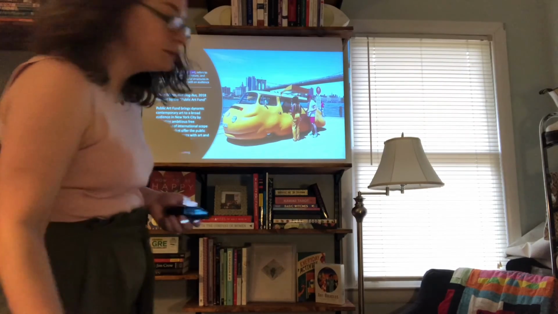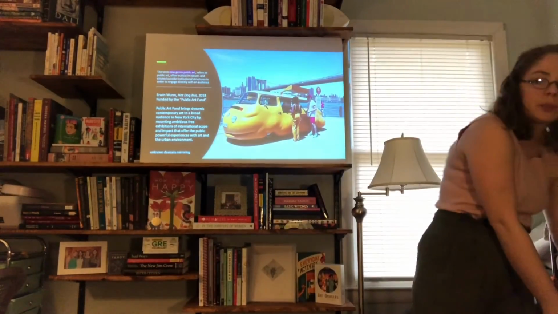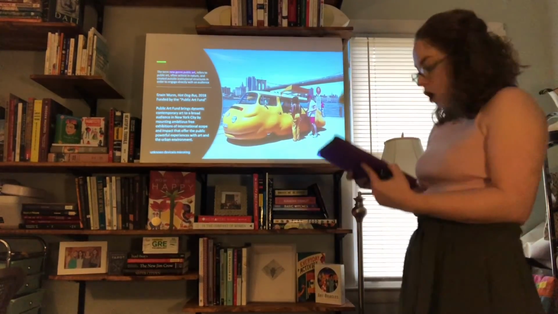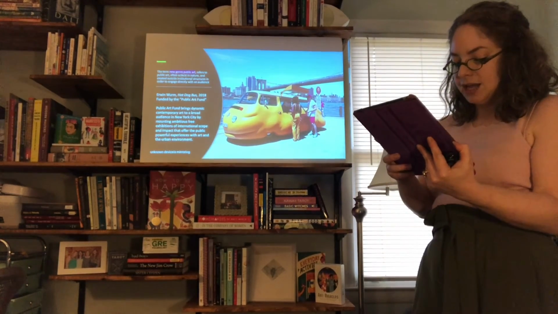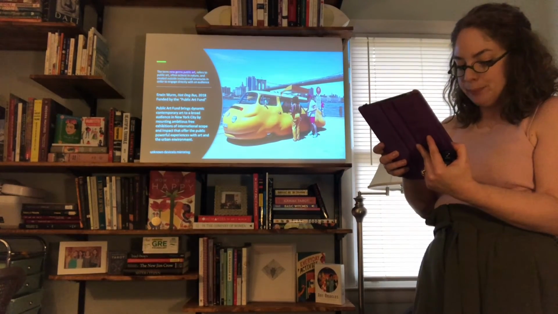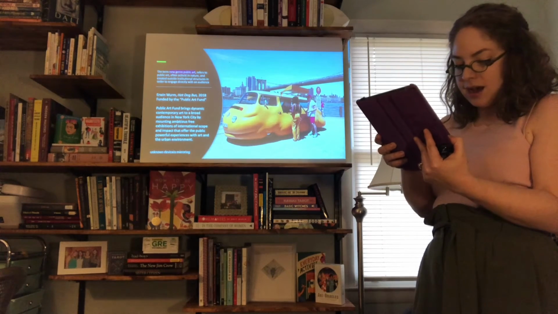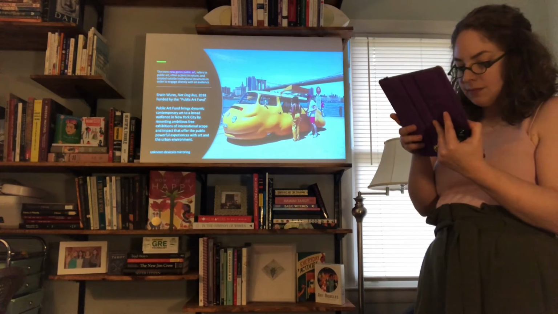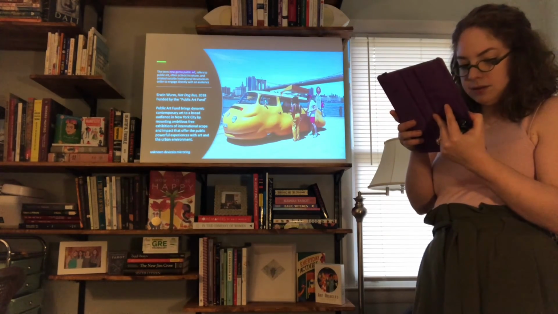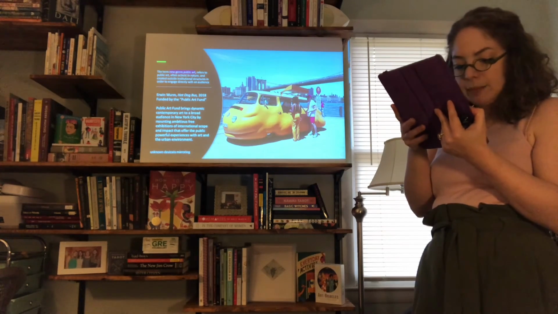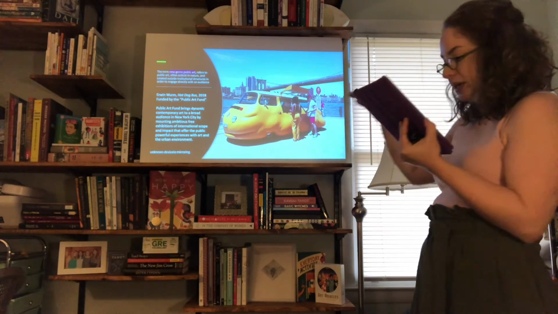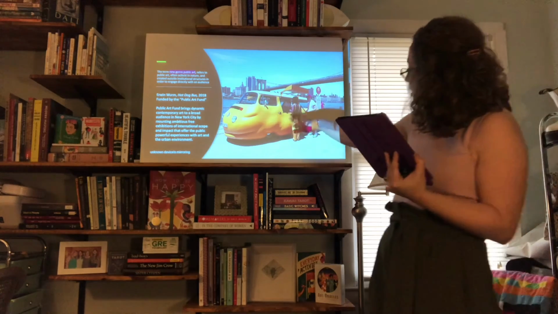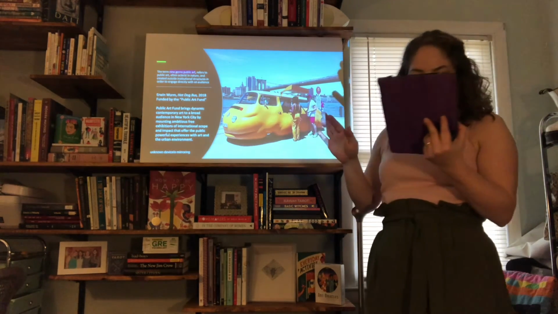Erwin Wurm created this bus, and it is a vintage Volkswagen microbus that has been transformed into looking like a hot dog.